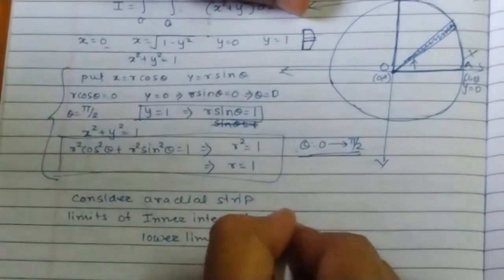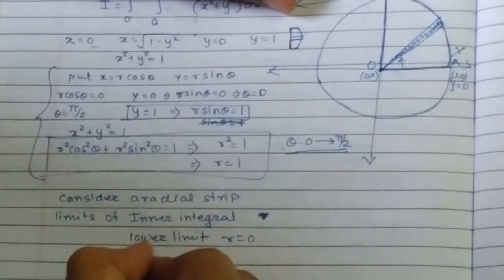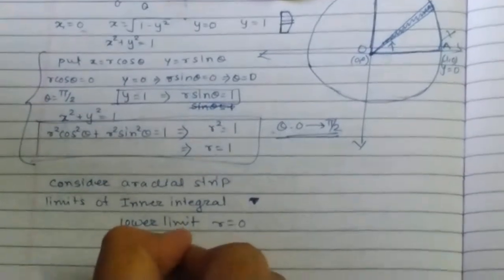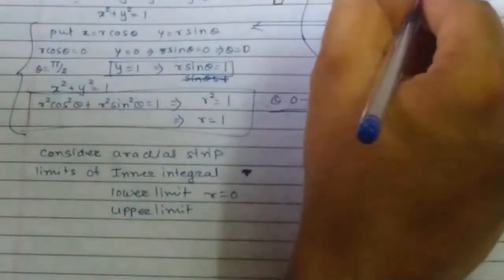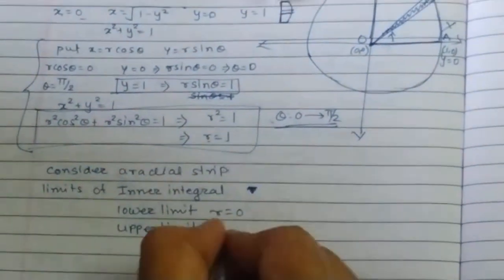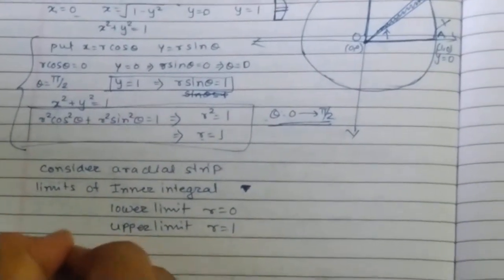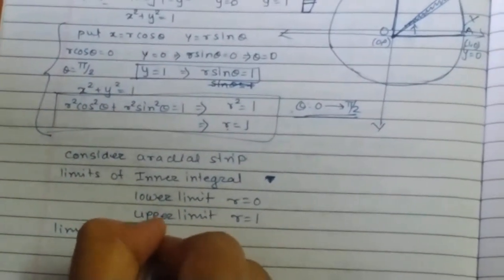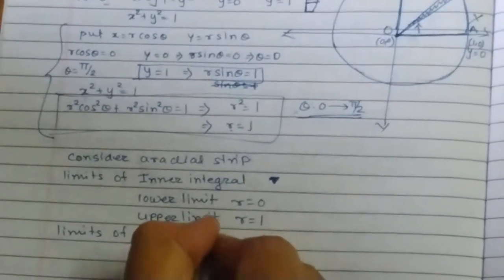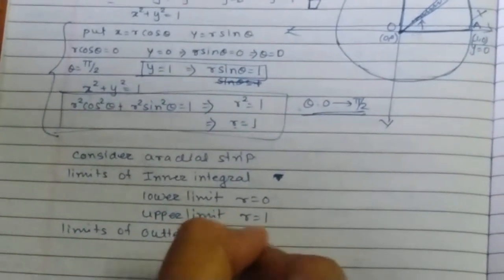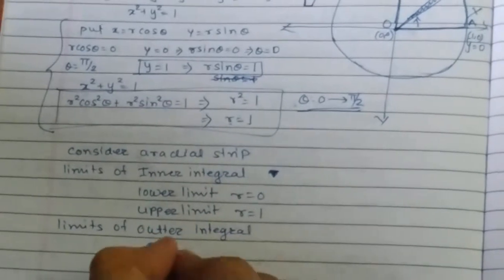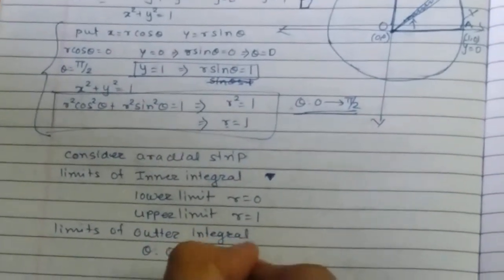So at the origin the radial length is 0. The upper limit is at the circle. The polar equation of the circle is r equal to 1. Limits of the outer integral: outer integral limits are always for theta. Your theta gets rotated from 0 to pi by 2.